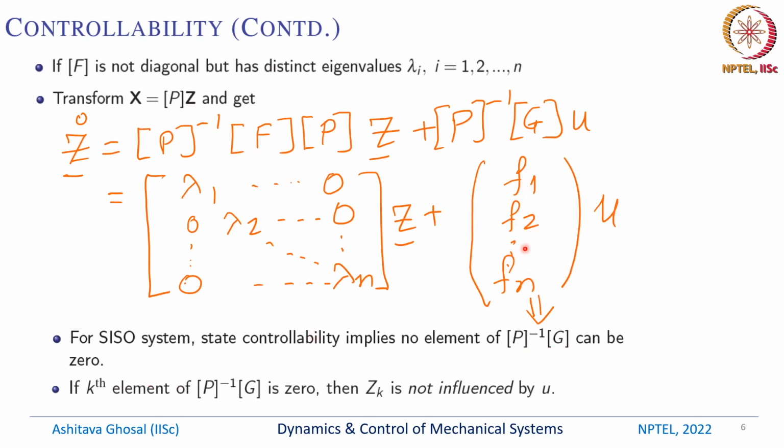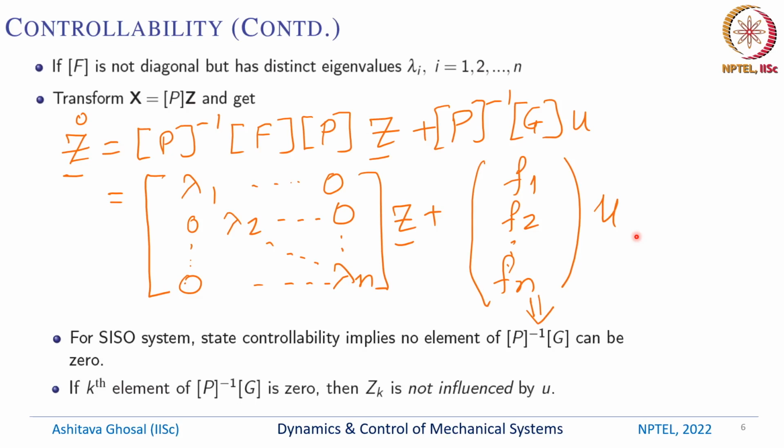So if, for example, the kth element, let's say fk, is 0, then u will not influence zk, because that equation will become zk dot equals lambda k into zk plus 0 into u. So by application of u, I will not be able to change the states of the system.